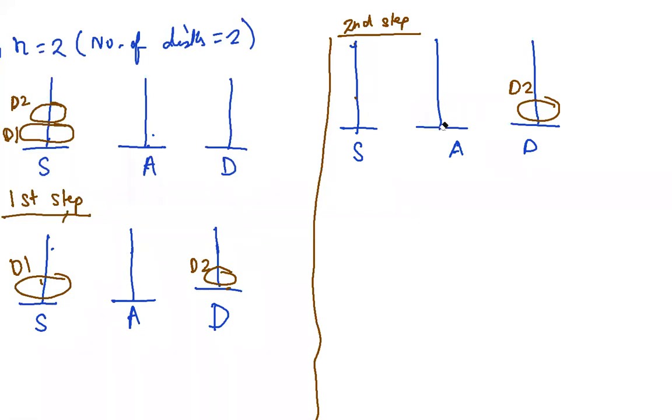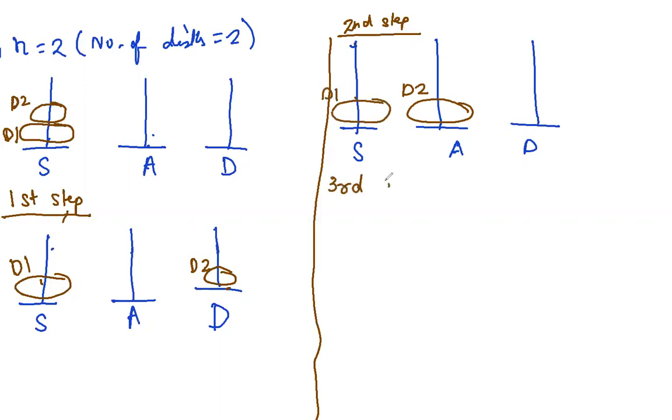At the next step, I can move D2 to the auxiliary peg. So my D1 remains here.